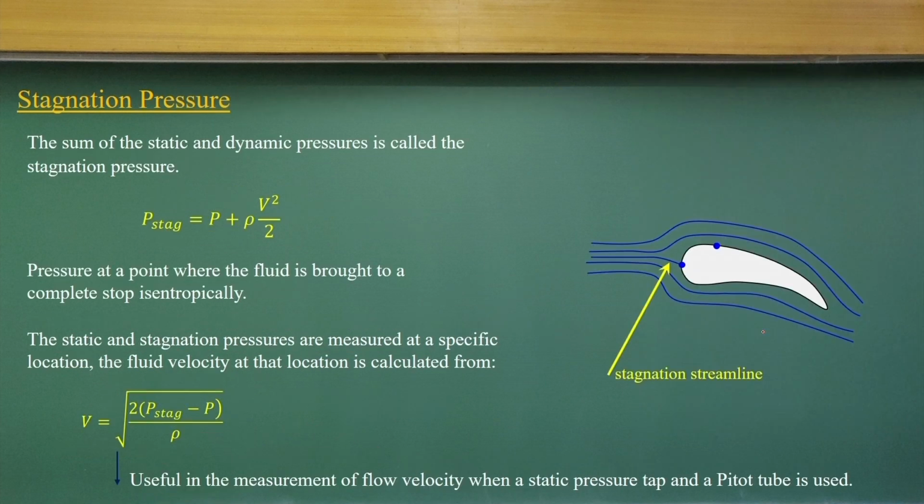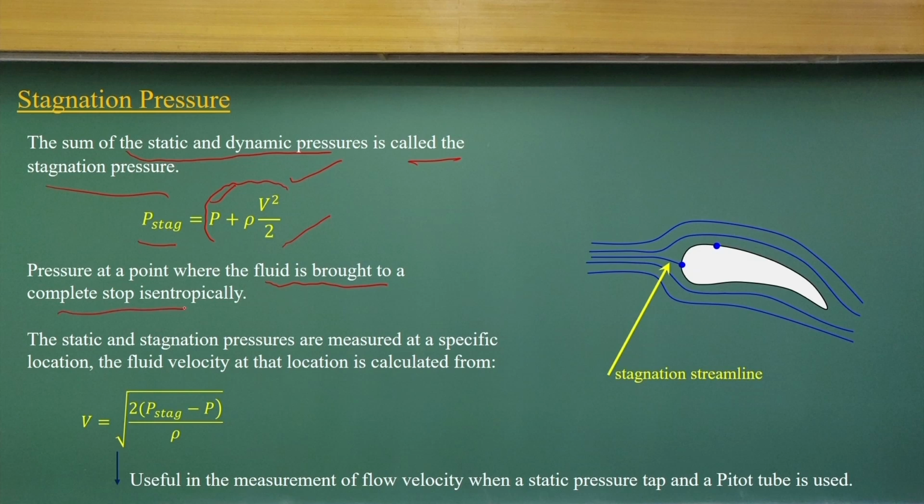Now, looking at the same concept, the sum of the static and dynamic pressure is called the stagnation pressure. That means, whenever you have an object at rest, at that point the velocity of the fluid flow has to be 0. So, the stagnation pressure has two components, the static pressure component and the dynamic pressure component, at the point where the fluid is brought to a complete stop.